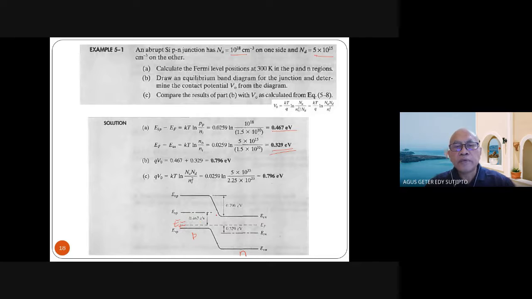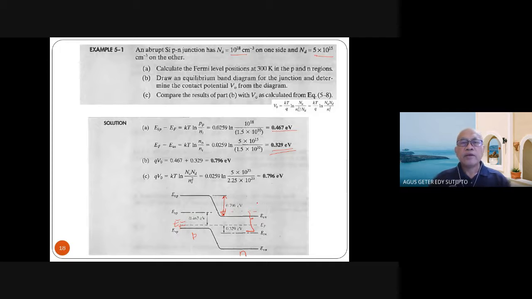So this is the total energy difference between N and P. Actually this energy is 0.796 electron volt.